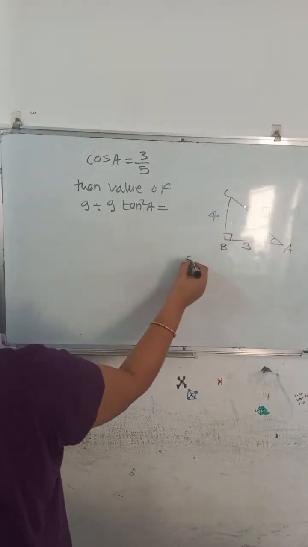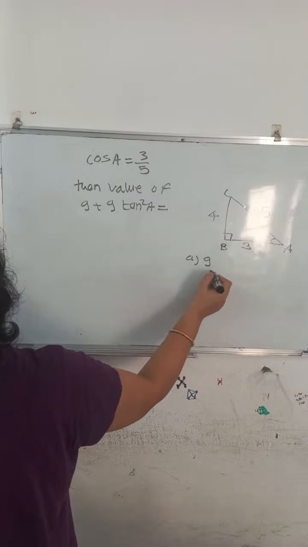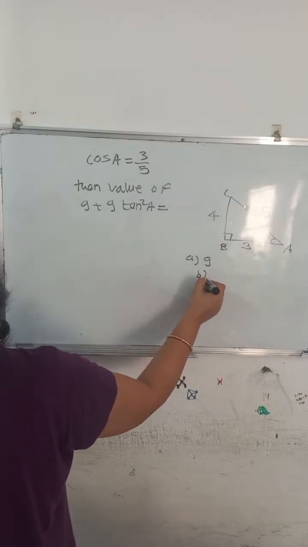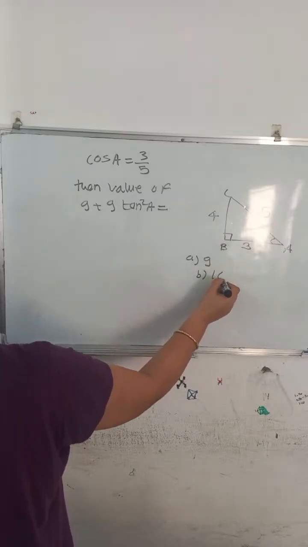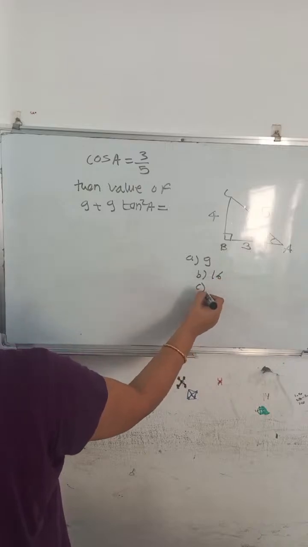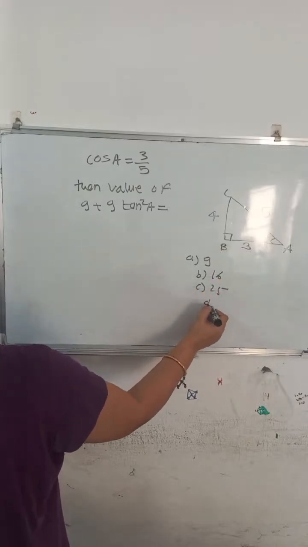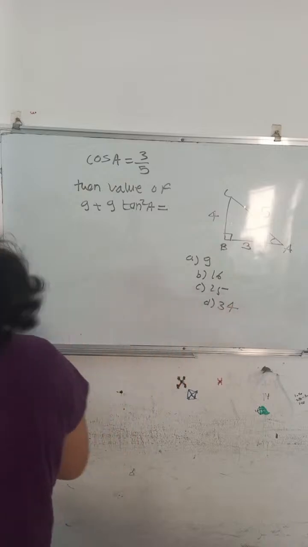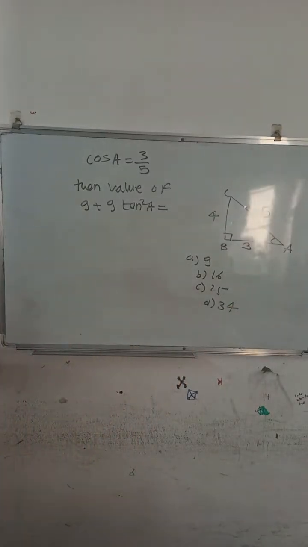The first option is 9, second option is 16, C is 25 and D is 34. So what will be the answer for this?